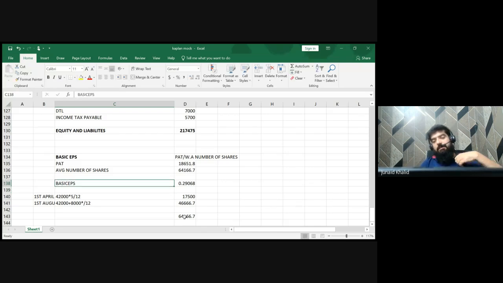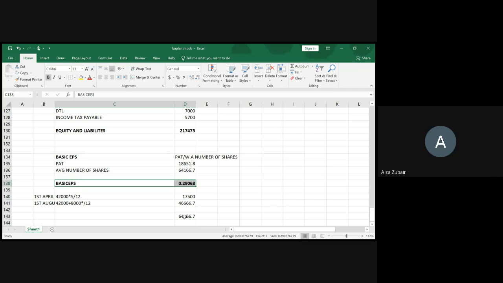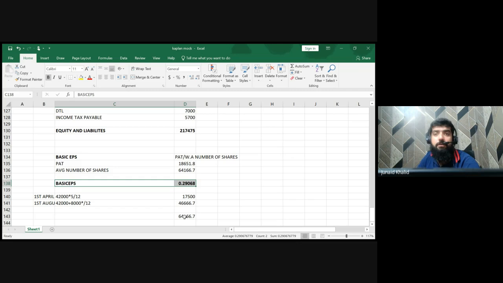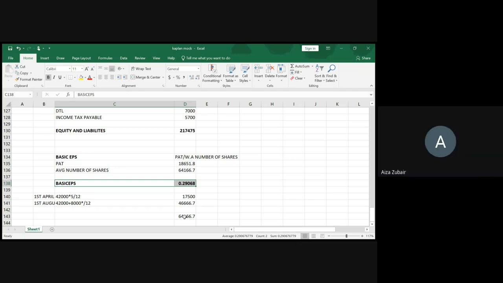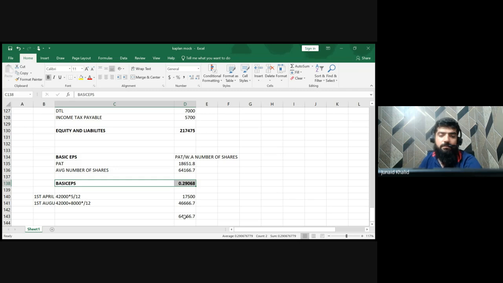Are you clear with this one? Yes. So there is no need to calculate the right fraction or bonus fraction. Why? Because it's not written within the question. So the shares are issued at full market price, so there is no bonus element. Am I right? Yes.